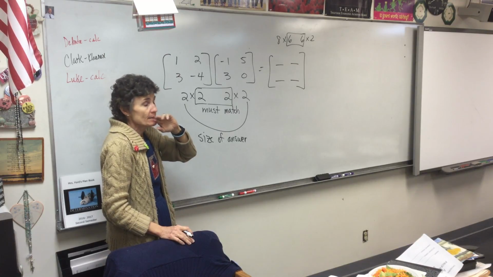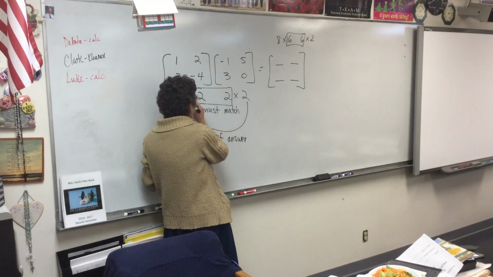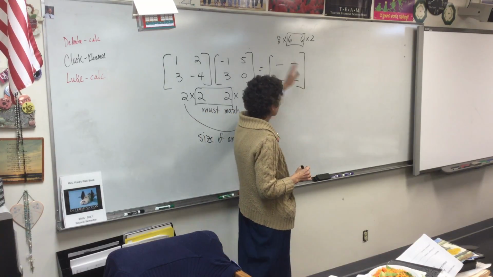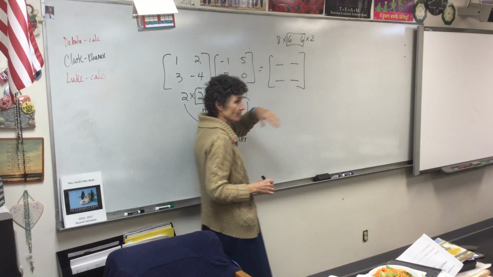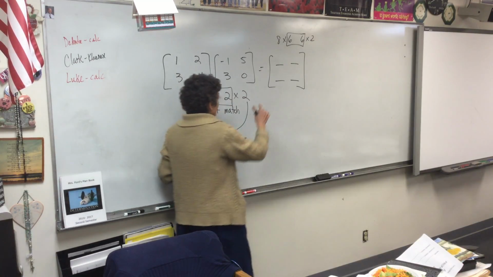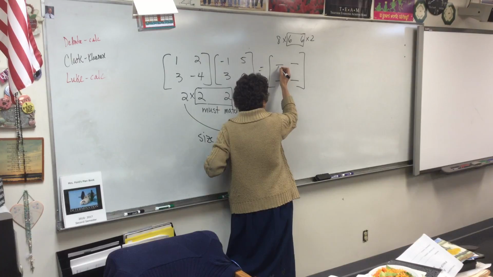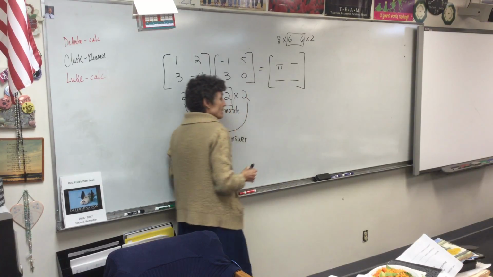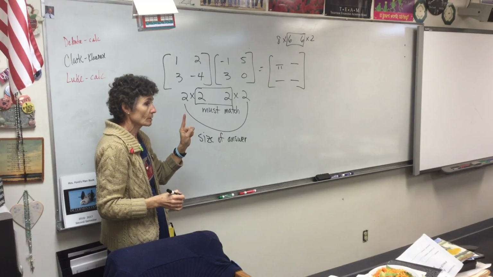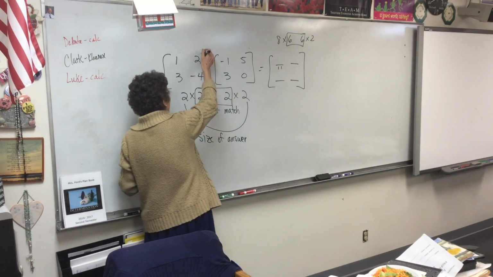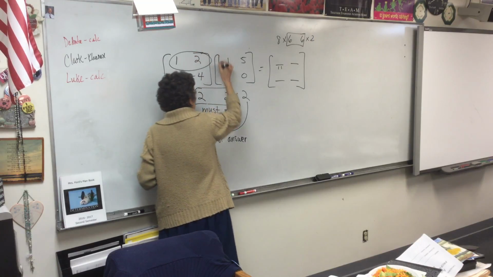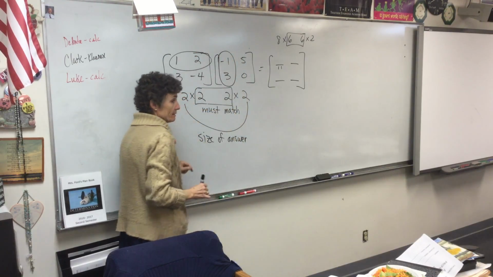Okay? Now, you figured out your answer is a 2 by 2. It has 2 rows and 2 columns. To find this spot right here, which I'm just going to call 1, 1, that's row 1, column 1. You are going to multiply row 1 and column 1.